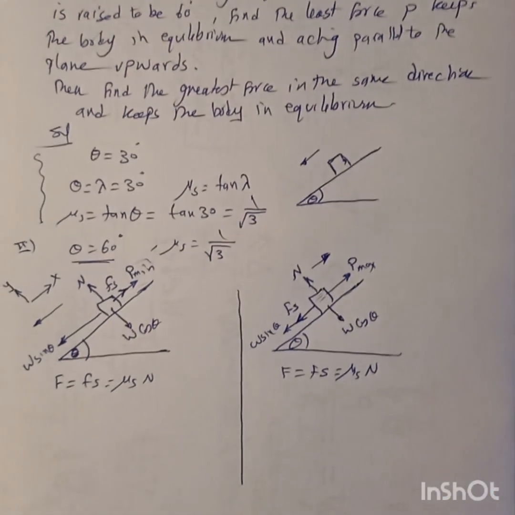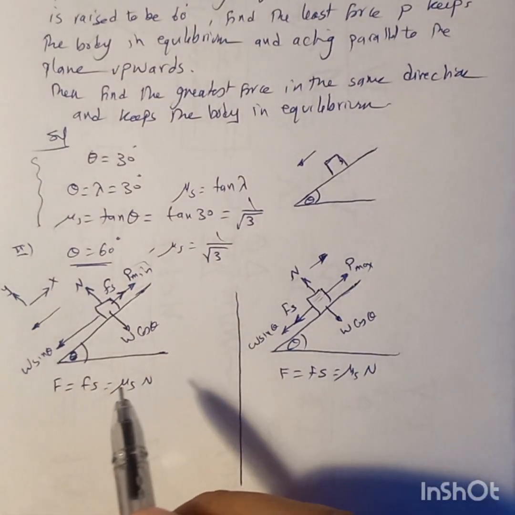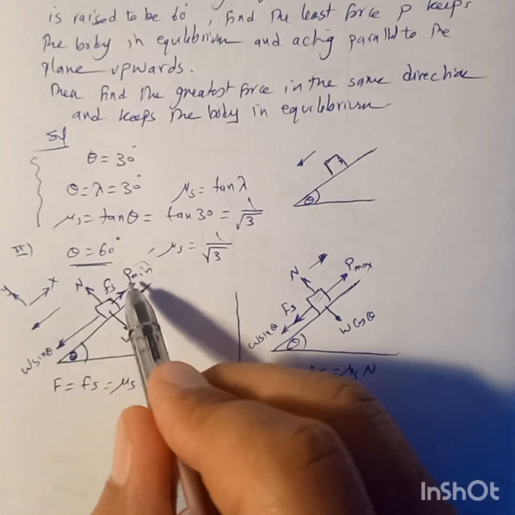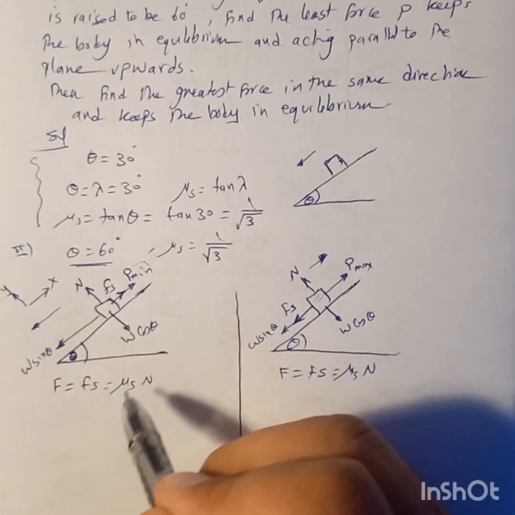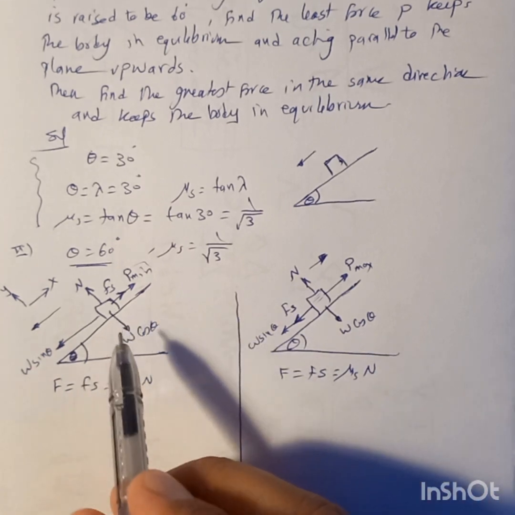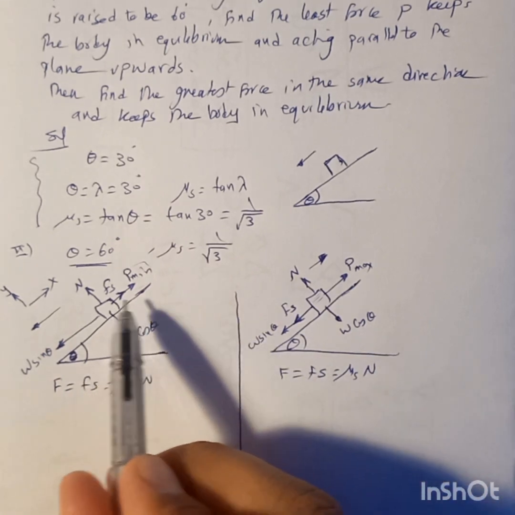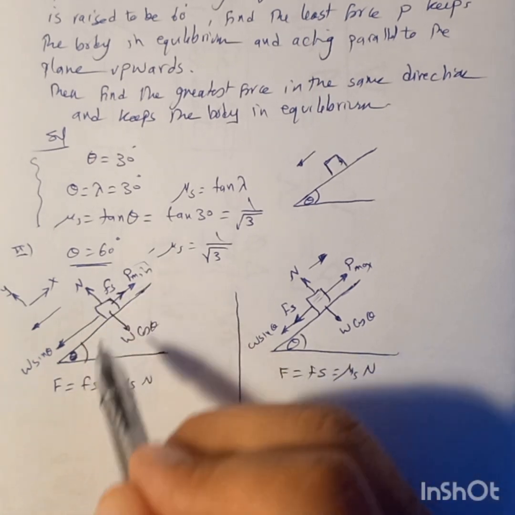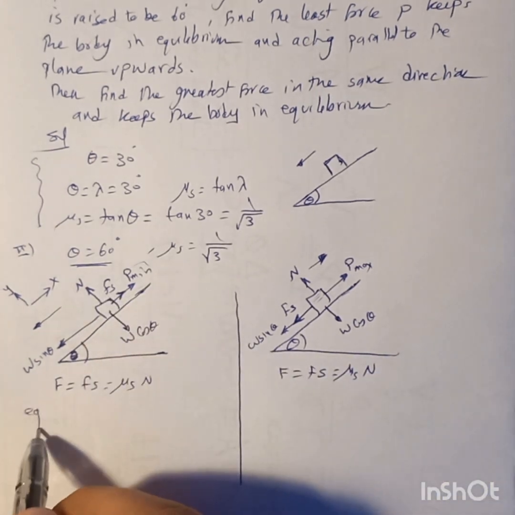Now we need to resolve all forces in x and y directions, and all forces are already resolved as we should. Then the last step is to apply the equations of equilibrium, as the body is about to move.